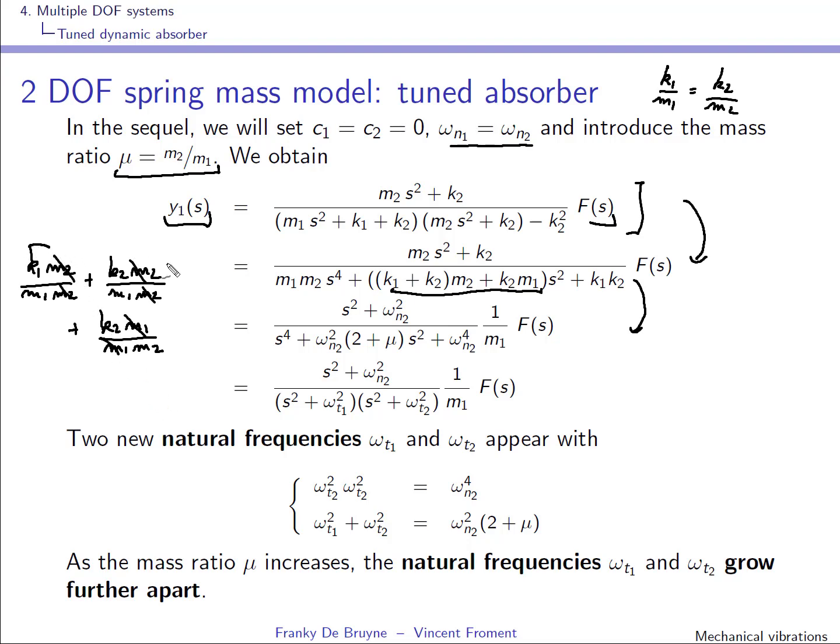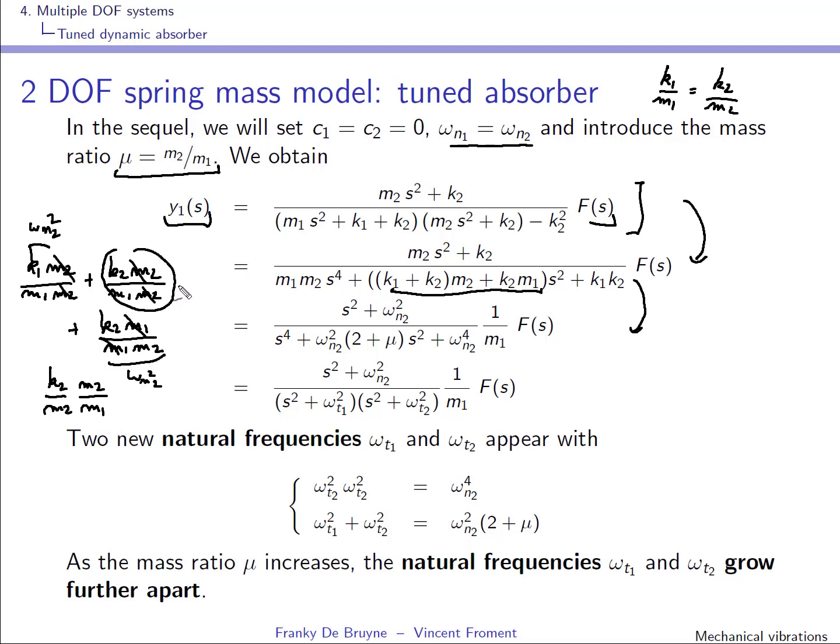So this is omega n1 squared, but it's also omega n2 squared. This is omega n2 squared, and this one here you can rewrite as K2 over M2 times M2 over M1.